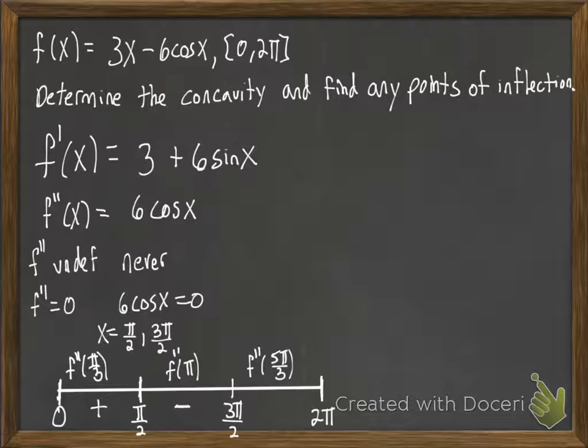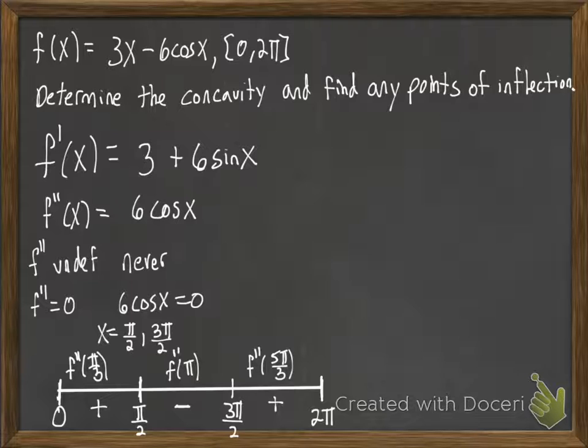The reference angle is pi over 3, so it's again 1/2 times 6, which is positive 3. So it's positive between 0 and pi over 2, and between 3 pi over 2 and 2 pi. It's negative between pi over 2 and 3 pi over 2.